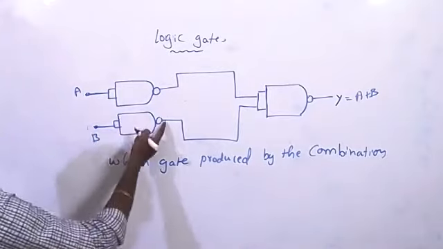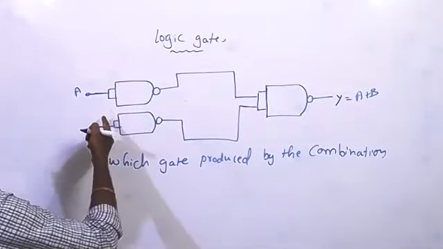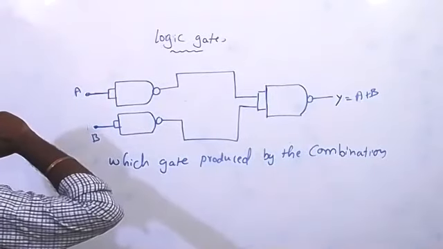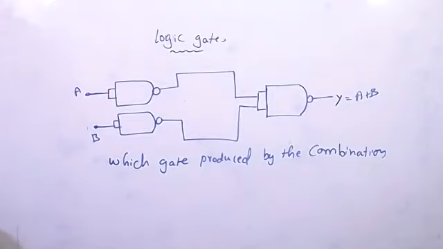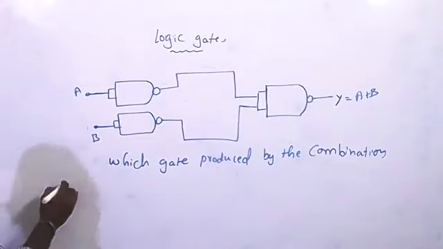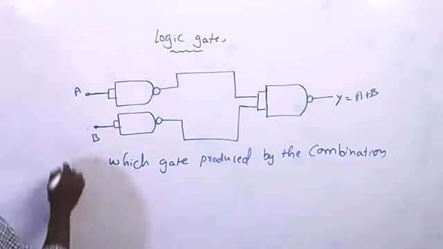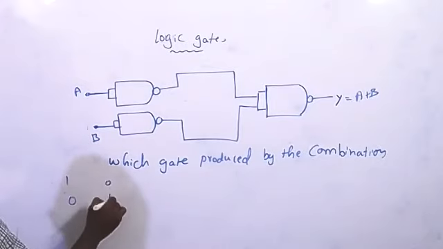If you give 0, 0, you get 1, 1. If you add 1, 1, you should get 1. 1 and 0 I gave, 0, 1, 1 I will get.